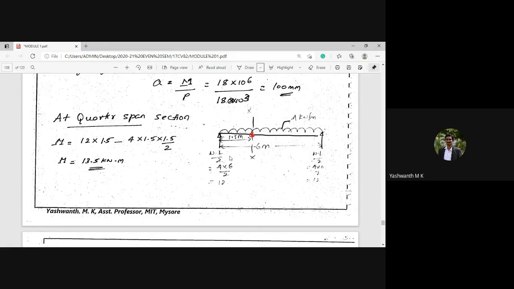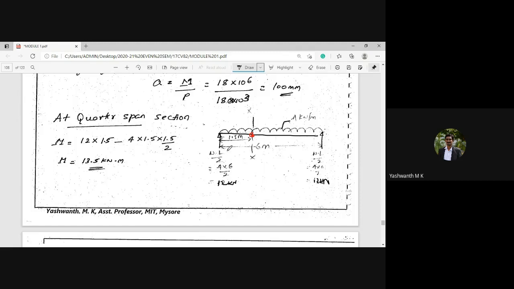First, as we know, since the UDL is uniform, the reaction is WL by 2. That is 4 into 6 by 2, that is 12 kilonewton at both supports.